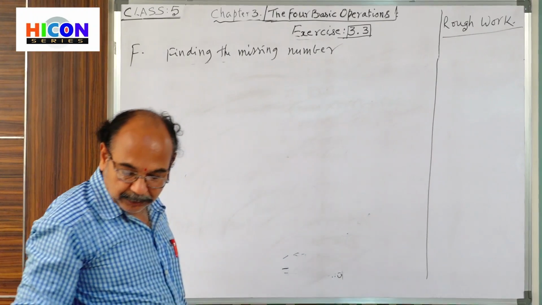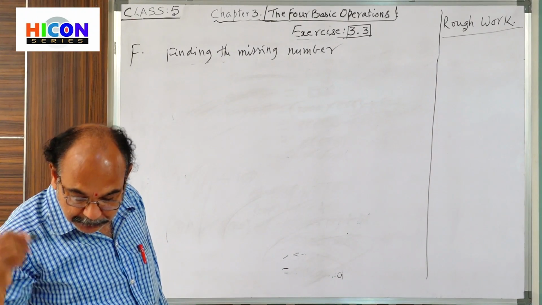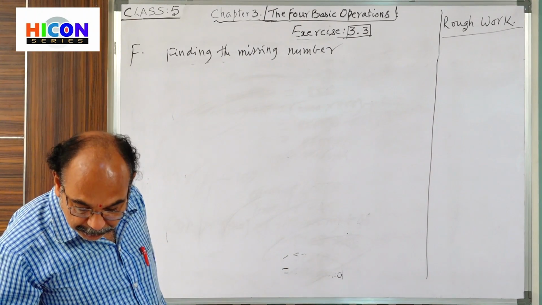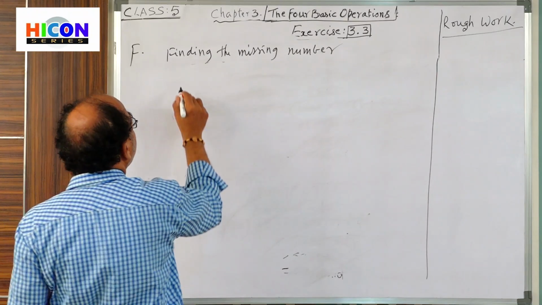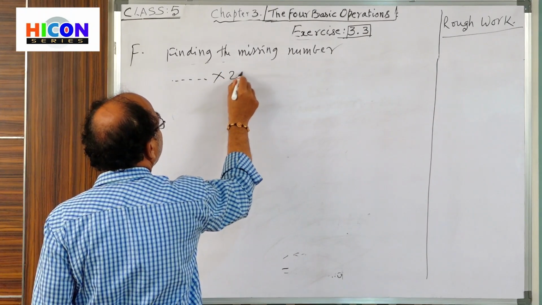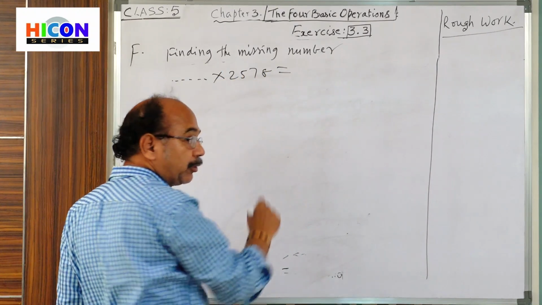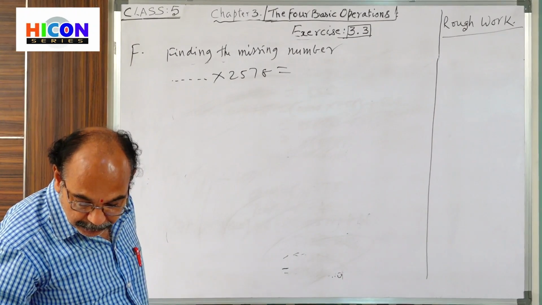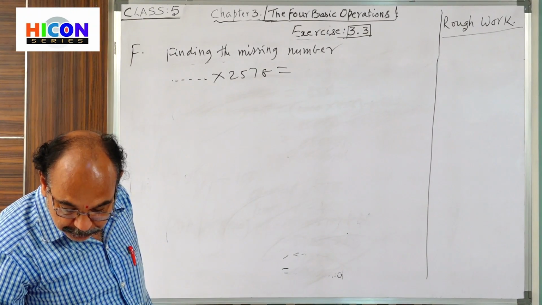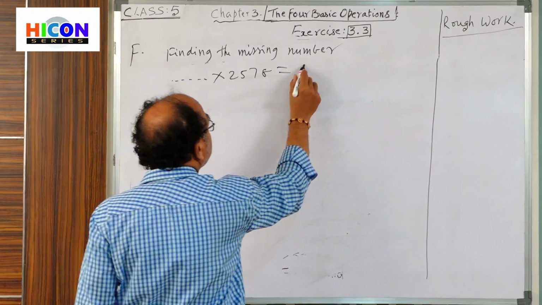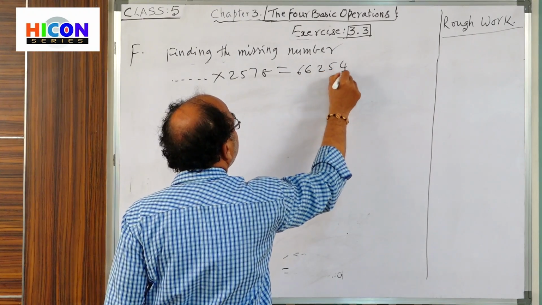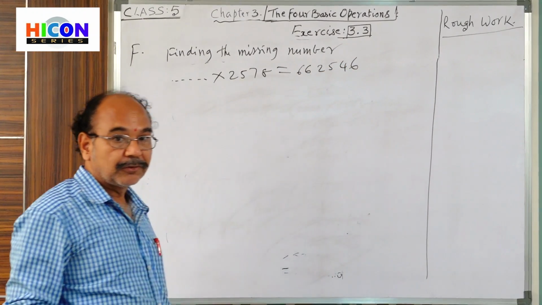What is the question here? Only one sum is there, I will explain. Okay, children. Dash into 2578 is equal to 66,2546. This is the question.